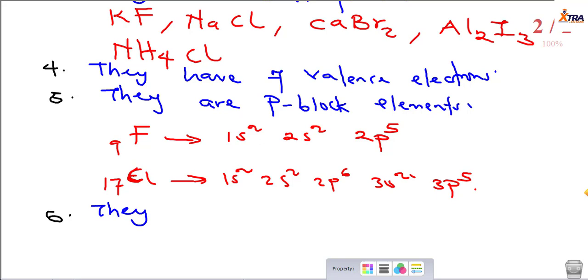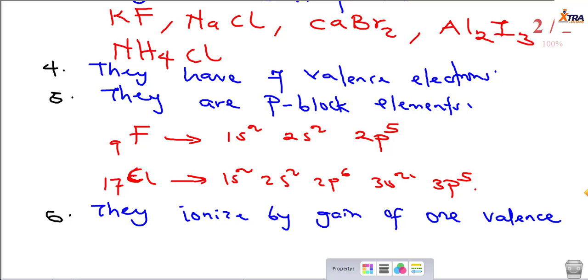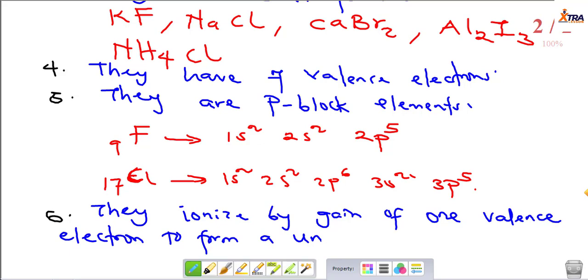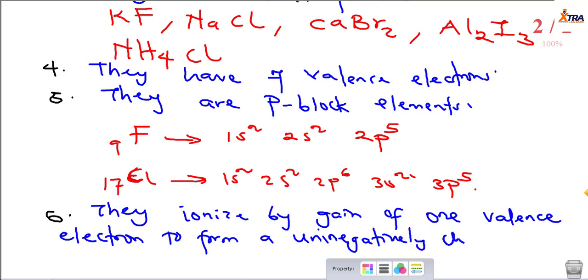So when they gain 1 electron, the 7 outermost electrons become 8. So they ionize by gain of 1 valence electron to form a uninegatively charged ion.